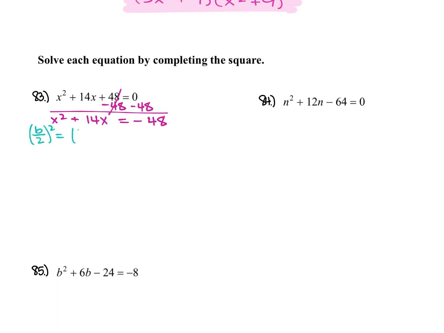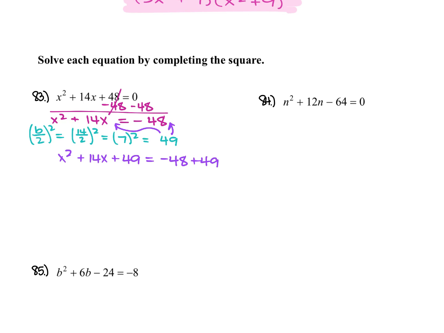This is going to give you 14 over 2 squared, which is 7 squared, which is 49. Add that 49 to both sides of your equal sign. You get x squared plus 14x plus 49 is equal to negative 48 plus 49.